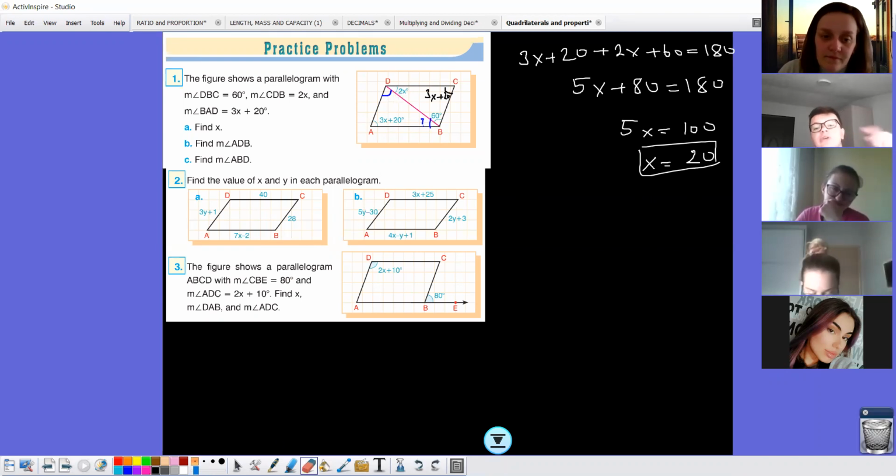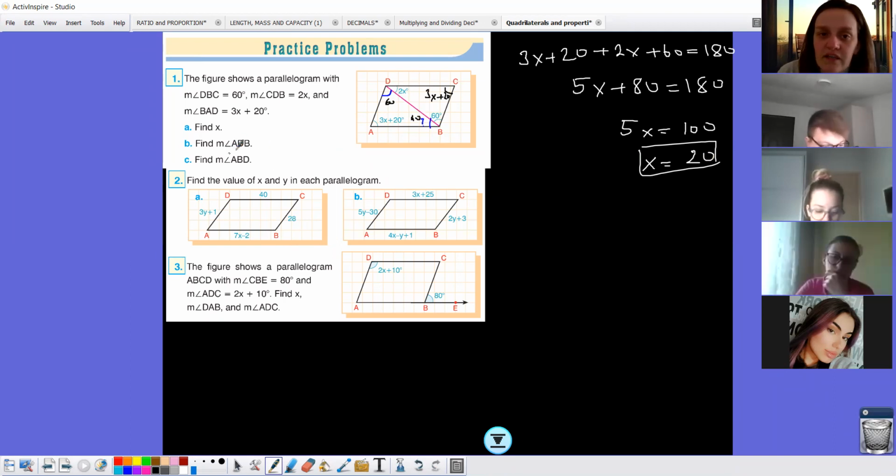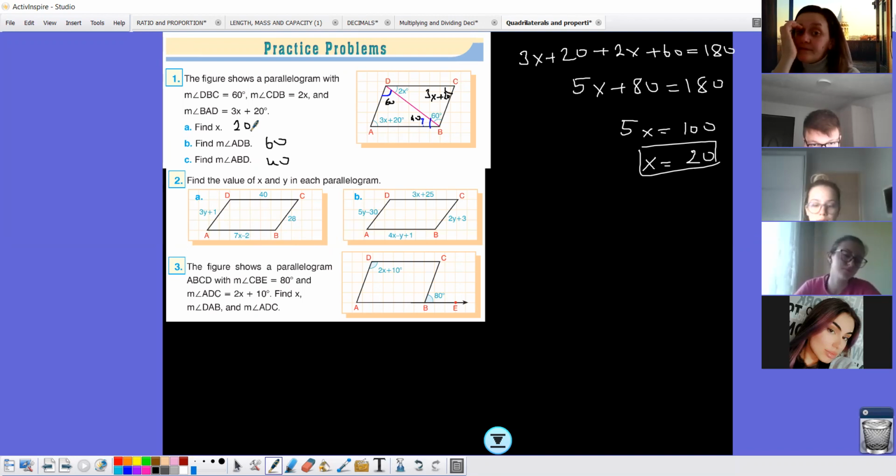So this one is 60, and this one will be 2x. X is 20, 2 times 20 will be 40. So ADB is 60, ABD is 40, and x we found as 20. Did you understand? Yes. Okay.